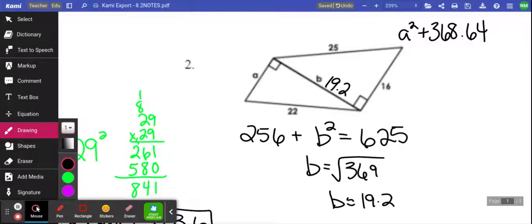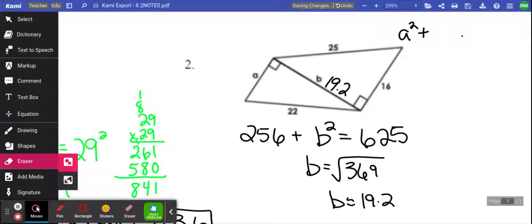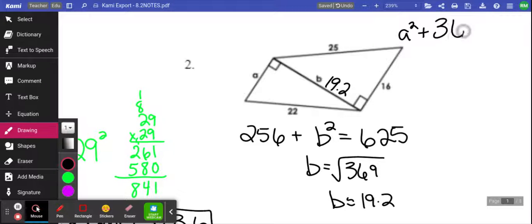Let's just use 369. That would be easier. 369 equals 22 squared, which is 484. Okay, more subtraction.